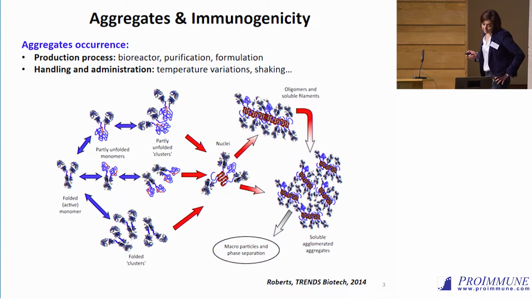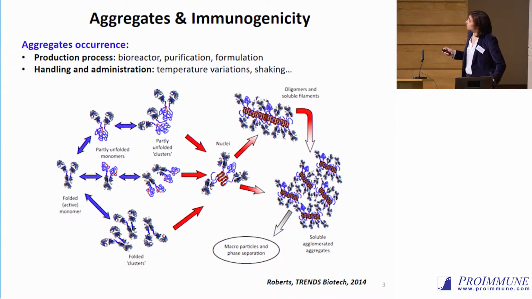So aggregates can form during the production process, but I will say that at this stage this is very controlled, and they are avoided. This is no more the case when handling or administering the product, because then the product may undergo some uncontrolled stresses, and aggregates may form at this time.